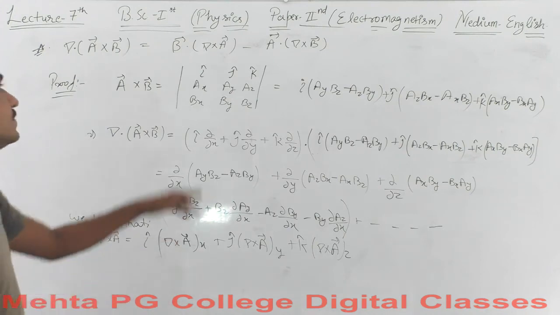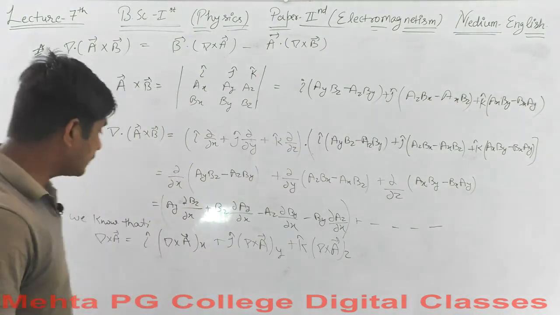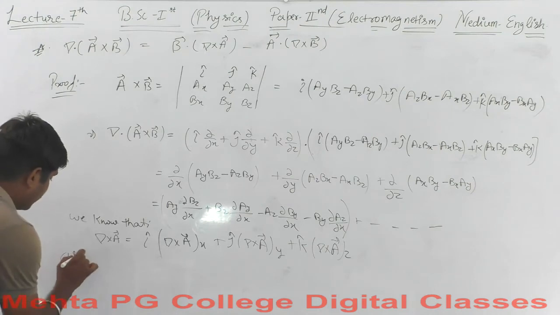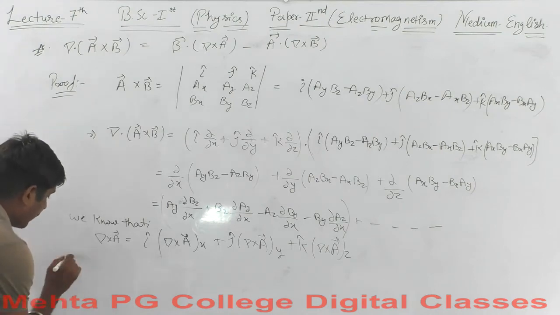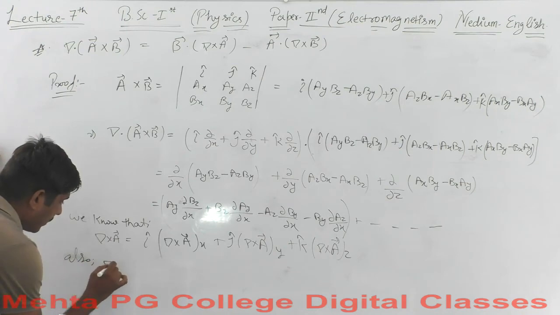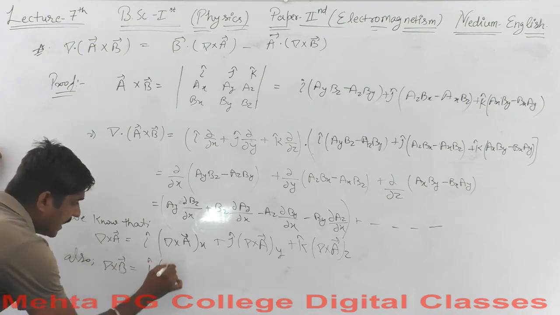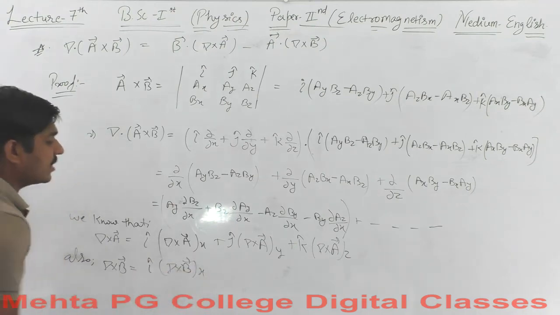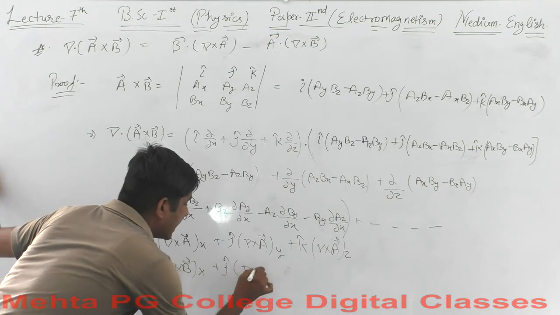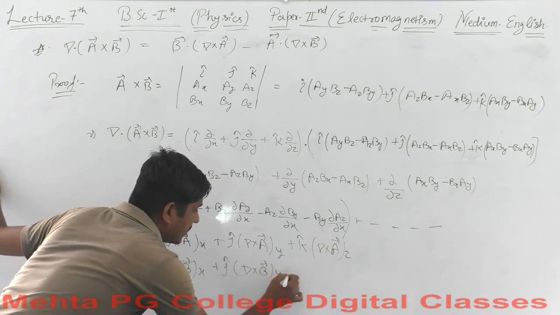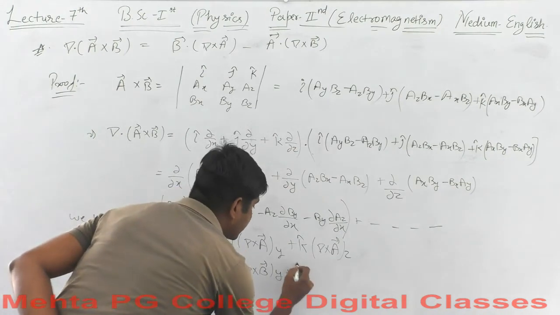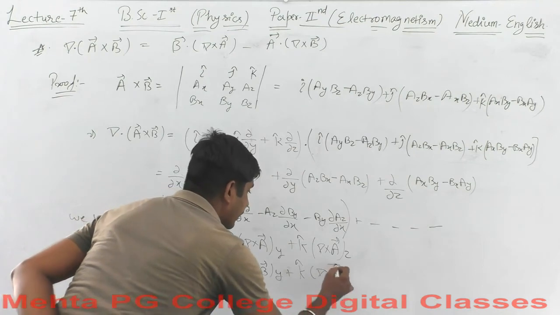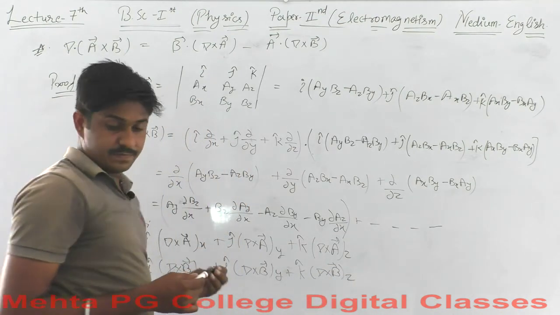del cross B. Similarly, del cross B will be found. Also, the del cross B vector will have all the components: i cap del cross B vector along x, plus j cap del cross B vector along y, plus k cap del cross B vector along z direction.